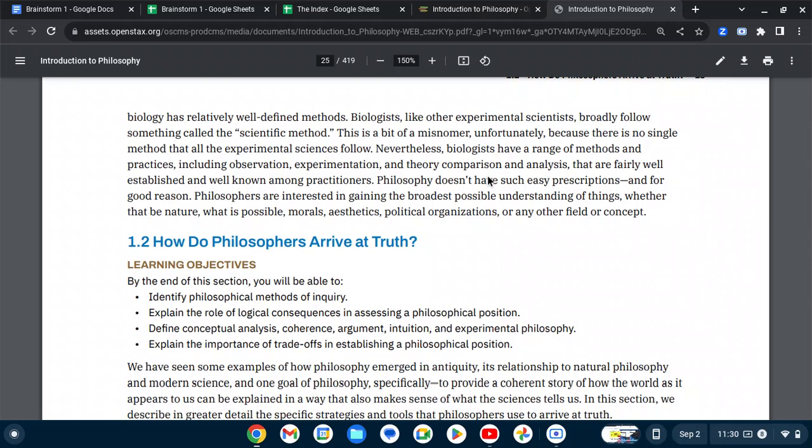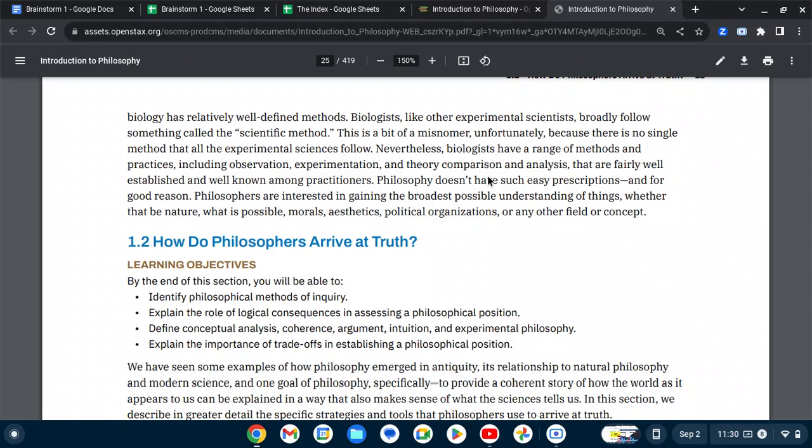This is a bit of a misnomer, unfortunately, because there is no single method that all the experimental scientists follow. Nevertheless, biologists have a range of methods and practices, including observation, experimentation, and theory comparison and analysis, that are fairly well established and well known among practitioners. Philosophy doesn't have such easy prescriptions, and for good reason.